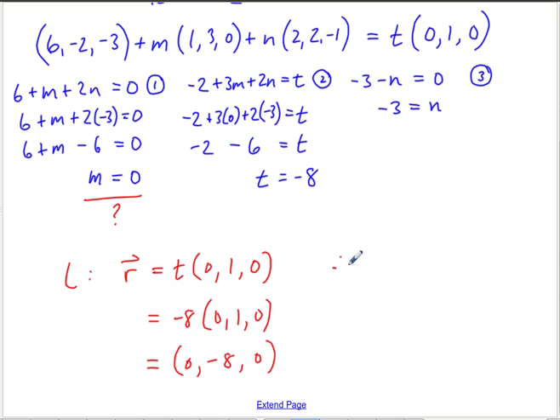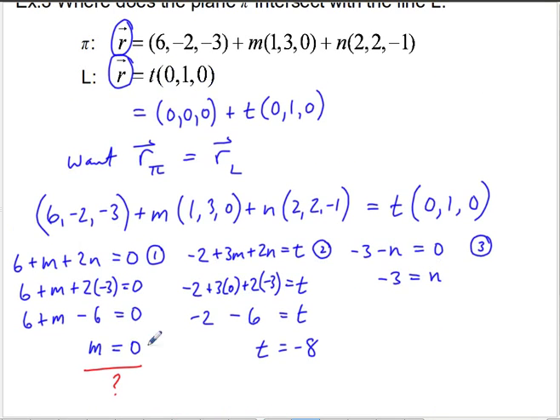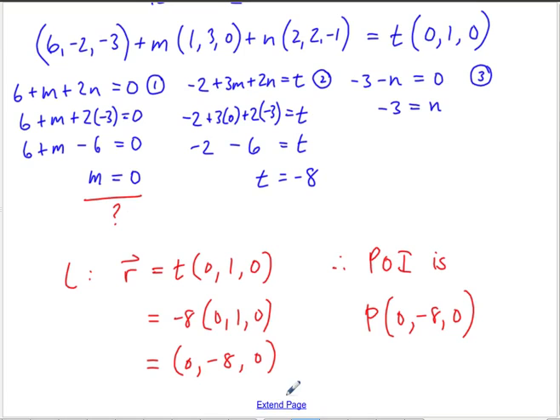And so therefore, my point of intersection is 0, -8, 0. We could have done this the hard way, which is we could have subbed the values for m and n into the plane equation, but we would have gotten the same result. I'll leave that to you to verify.